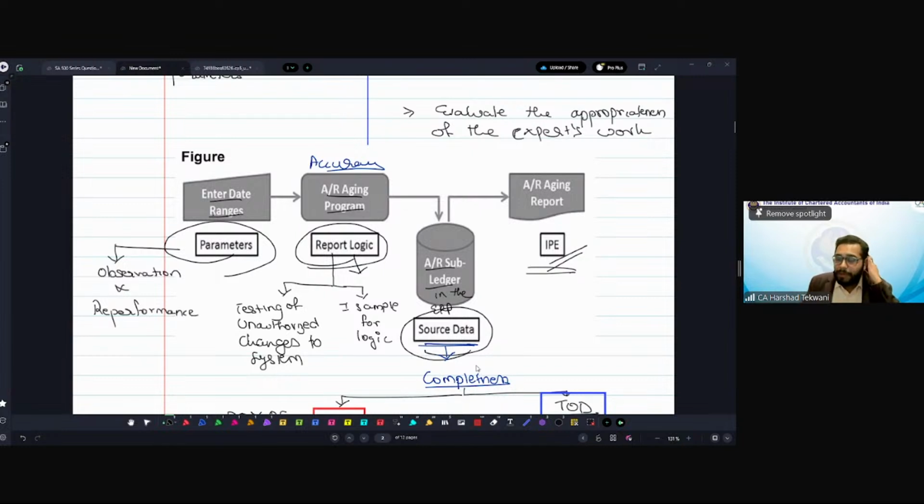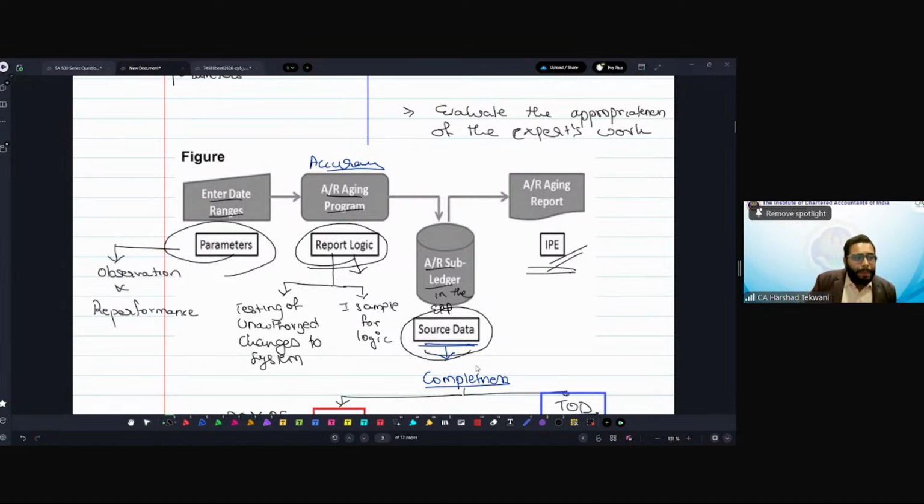Observation is when the person who is on the system, who is producing the information for the entity, we observe what parameters he is entering, whether those parameters are correct or not. Second option is he gives me a report, I re-enter the parameters and I check whether his output and my output are the same or not. So observation and reperformance are the two things that you can do to ensure the parameters.